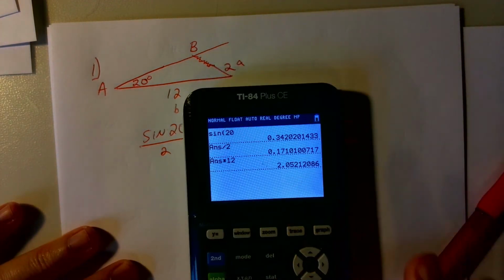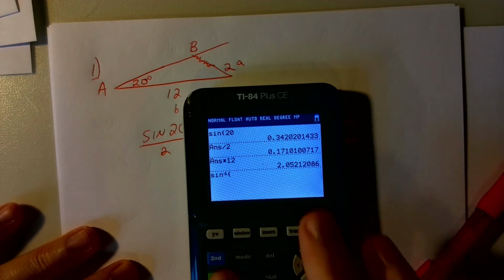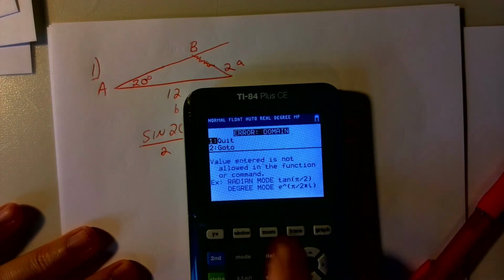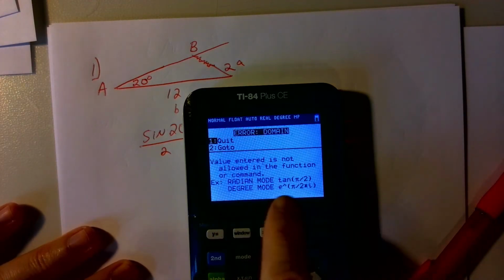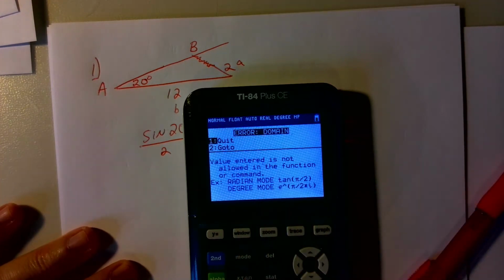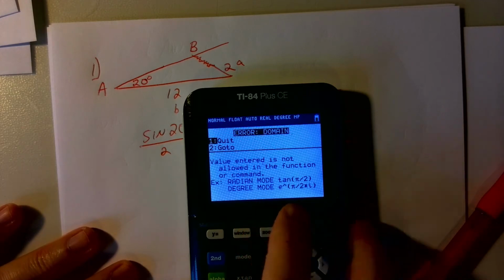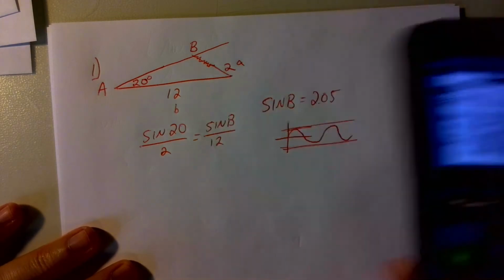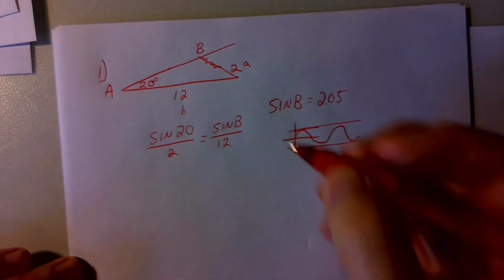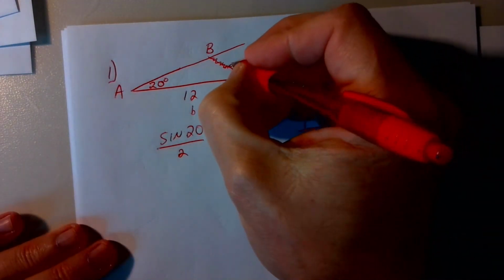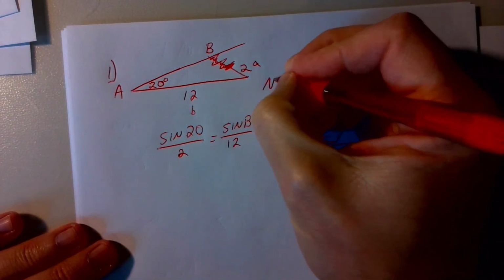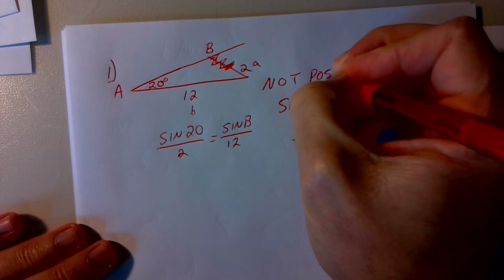I'm going to do sine inverse of that answer, and you can see it's like, hey, that's not allowed. It even asks you to check maybe you're in the wrong mode, but we're not. We're in the right mode. So this one was exactly what we thought. It was not possible.